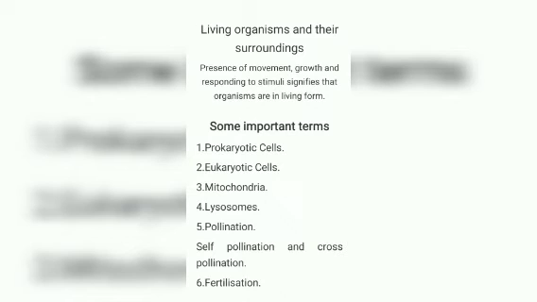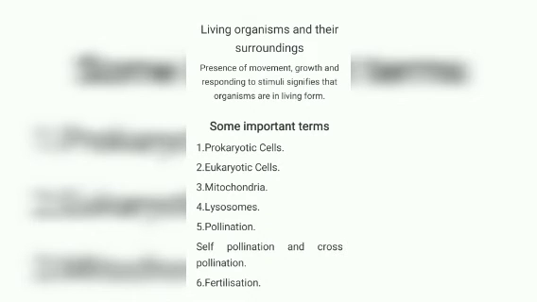For example, bacteria, blue green algae, mycoplasma, etc. So, if in the question paper they give options like bacteria, fungi, mammals, and ask which one is prokaryotic, you will tick bacteria.